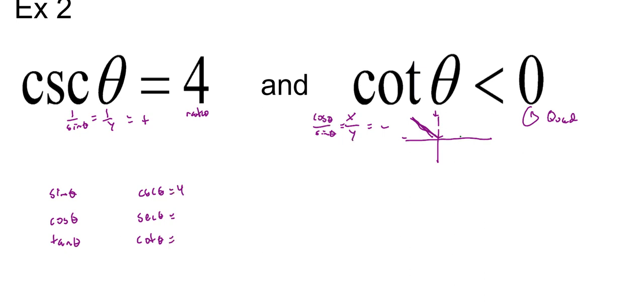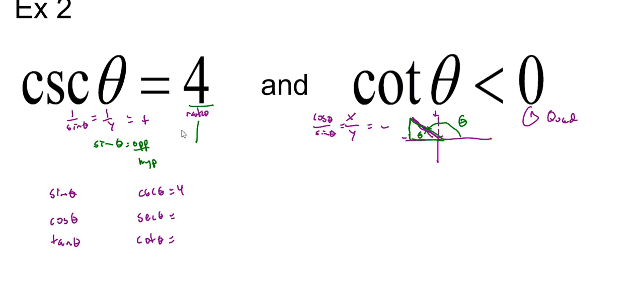Okay, now that's important because that allows us to identify where our reference angle is. Our reference angle is here. And so from this reference angle, I'm going to create a nice right triangle right here, and use the ratio that I'm given, 4 and 1. So what is cosecant? Well, sine has a ratio of opposite over hypotenuse.